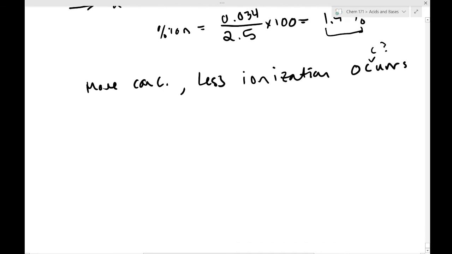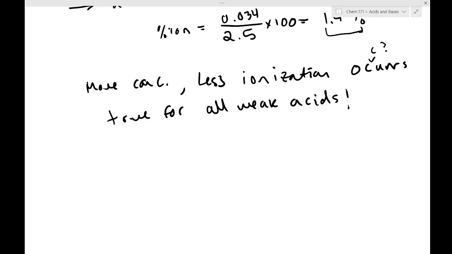Okay, so the more concentrated a solution is, the less ionization that occurs. And this is something that's true for all weak acids. The more concentrated the solution is, the less percent ionization, or the less ionization occurs per total molecules.